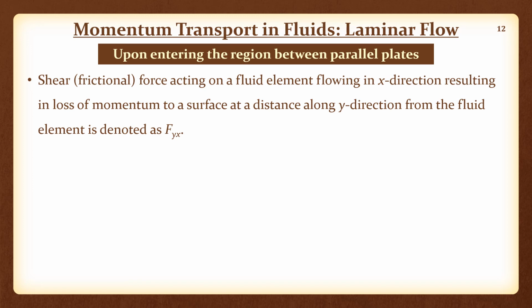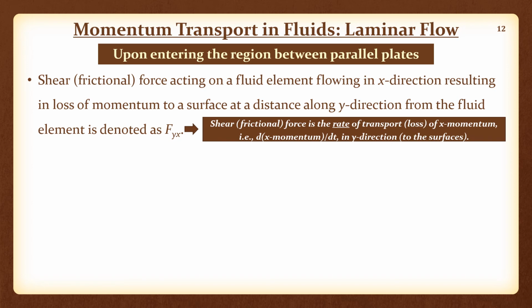The momentum is transported in the y direction towards the surface by this molecular momentum transport mechanism. Now the other subscript tells where this momentum came from. This momentum came from the x momentum of the fluid, and therefore the second subscript x indicates the direction of motion of the fluid. So the shear force or frictional force of this fluid element is indicated by F with a subscript of yx.